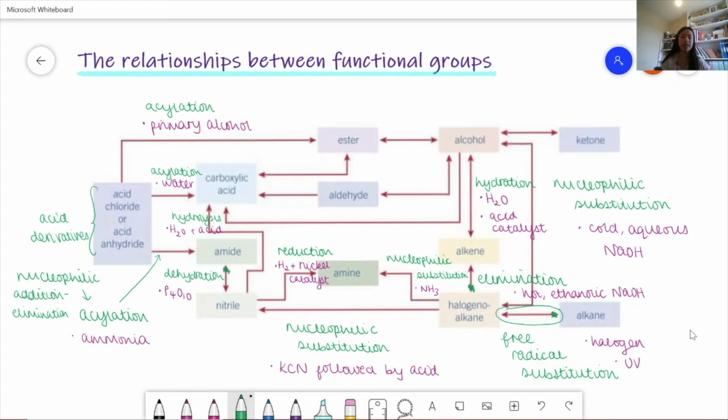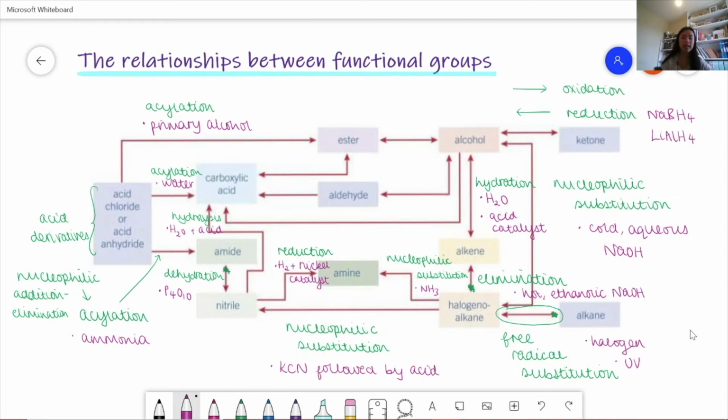So if we're going this way, then we have oxidation. And if we're going this way, we have reduction. For reduction, what we use is sodium borohydride or LiAlH4.